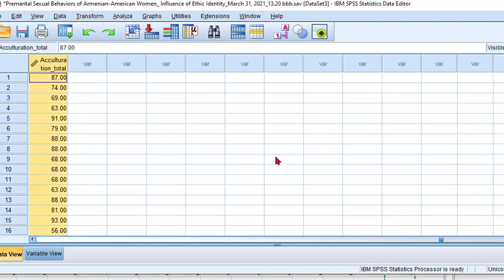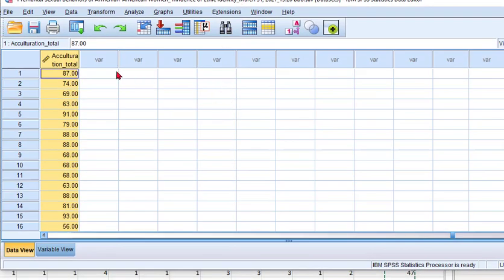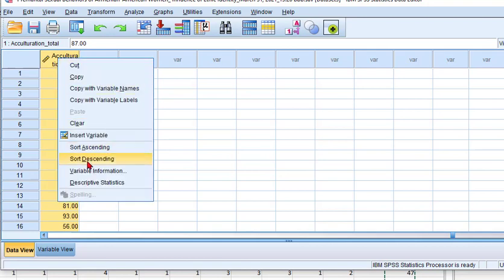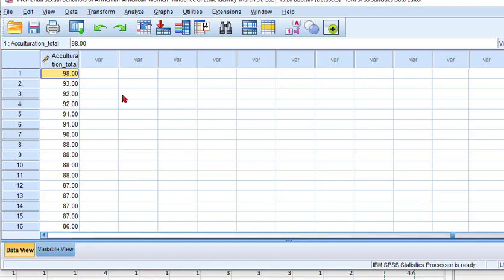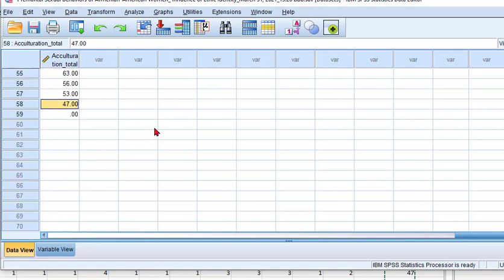Perfect. So you want to split it into low, medium, and high? I don't know what the cutoffs are, but we can go off something intuitive. Here, watch. We'll just fake it. Your highest number is 98. Your lowest number is 47. So 98 minus 47 is 51, and if we divide that by 3, we get roughly 17.